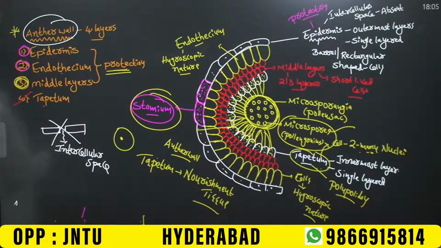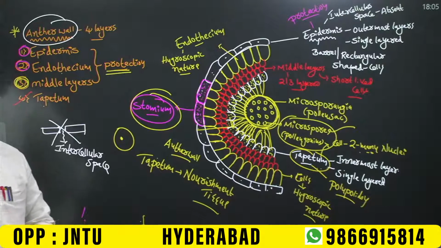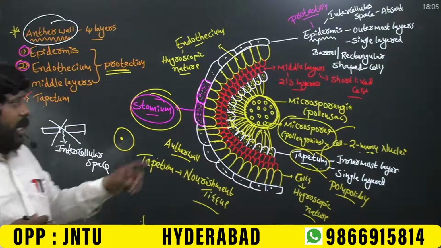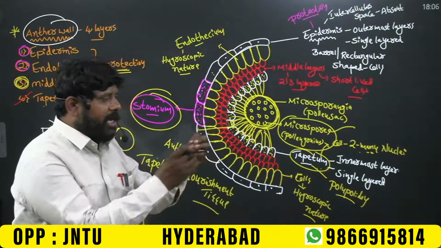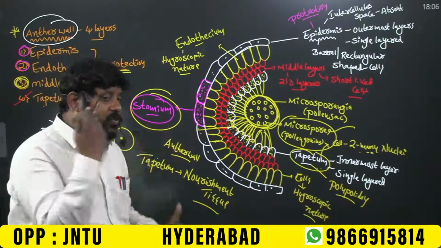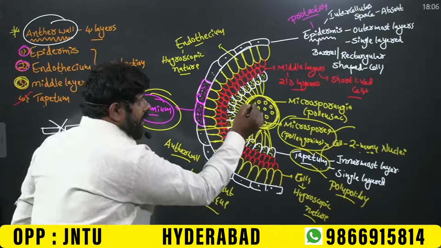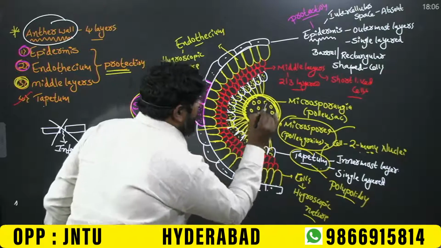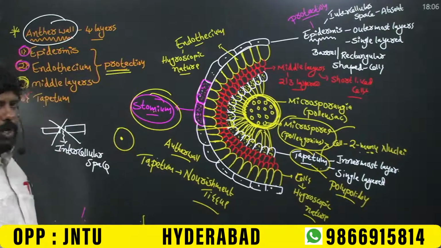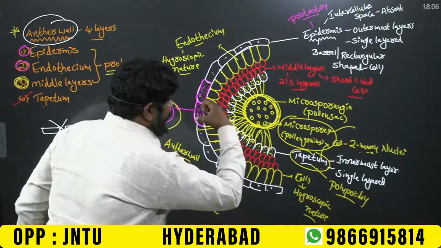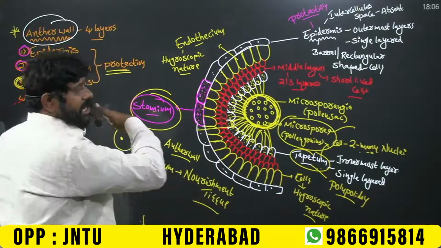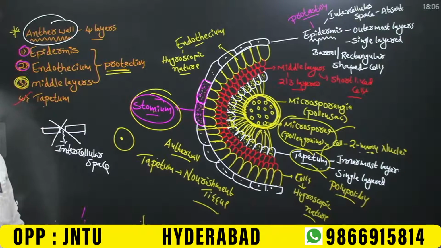Dehiscence means burst, rupture, lysis. Once microspores are formed, microsporangia dehiscence takes place. Where does the dehiscence take place? At the region of stomium. It comes here, then lysis releases the microspores to the outside.